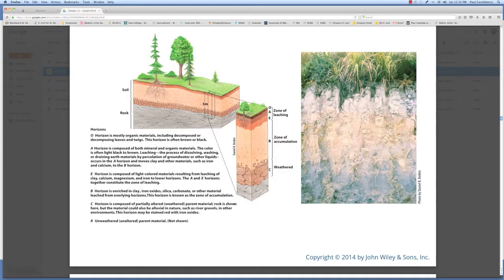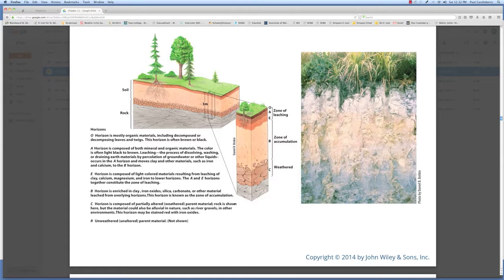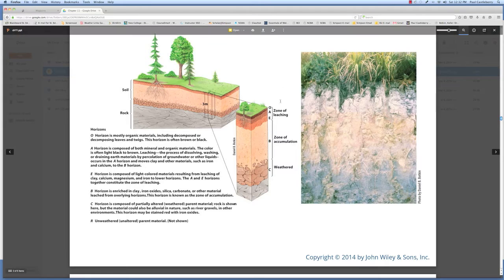The A horizon, which is right beneath that, is composed not only of organic materials, but mineral materials as well. And typically the coloring for this is a light black to brown. In this particular case, this is a bad example. This whitish is actually because of leaching. We'll talk about it now.